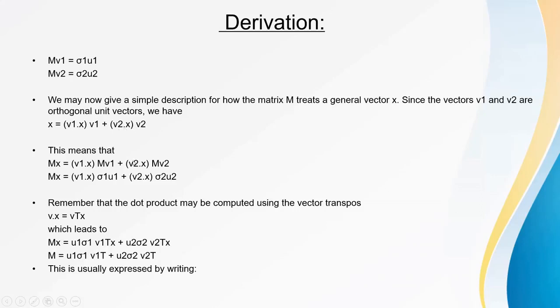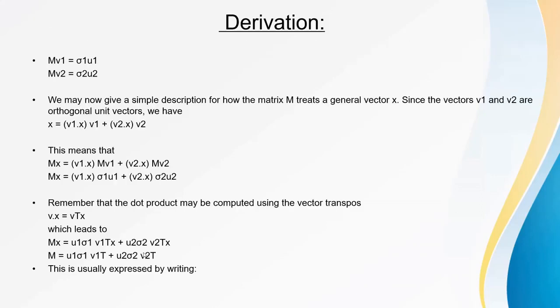And so now we are replacing mv1 and mv2 using equation 1 and equation 2, and v dot x is replaced by v transpose x, which leads to the equation mx is equal to u1 times sigma 1 times v1 transpose of x plus u2 times sigma 2 times v2 transpose of x, and the x is cancelled out on both the sides.